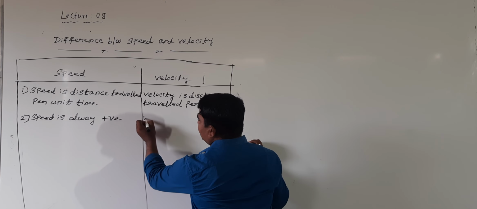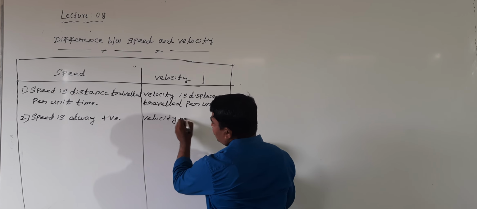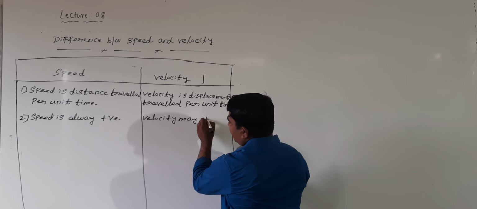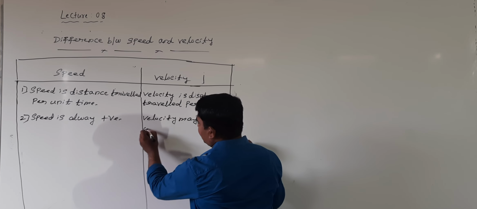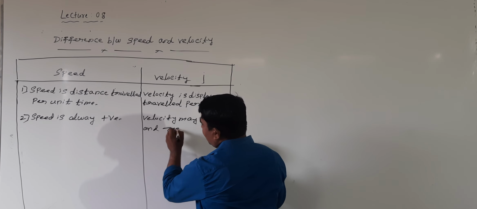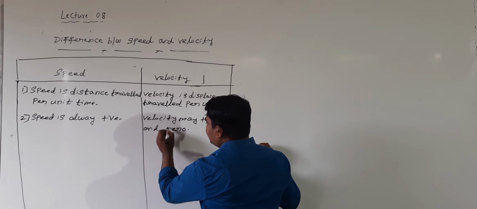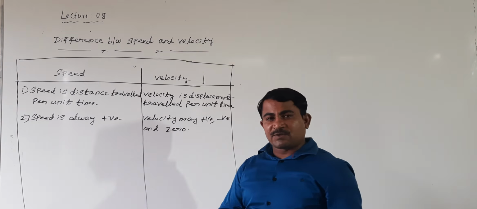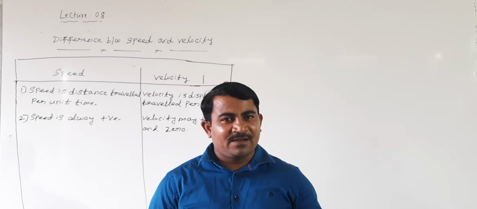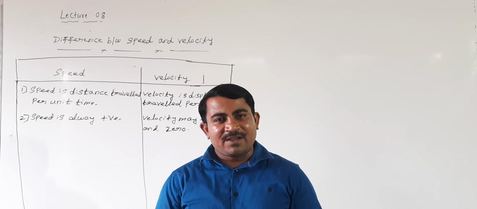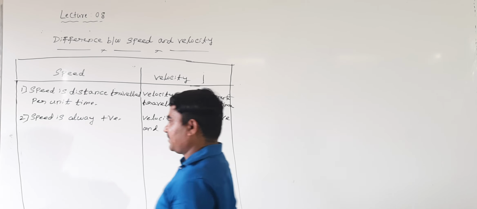Velocity may be positive, negative, or zero, because the displacement of the body may be positive, negative or zero. That is the second difference you can make.